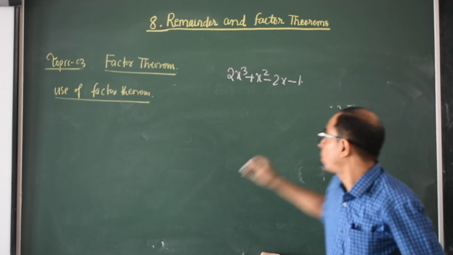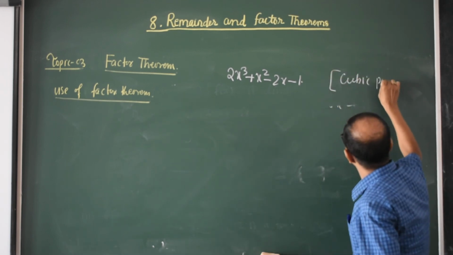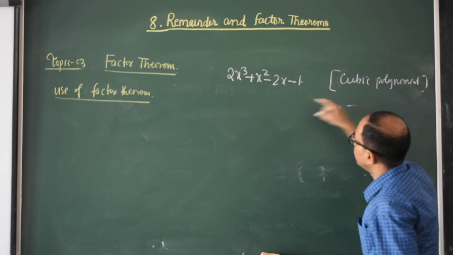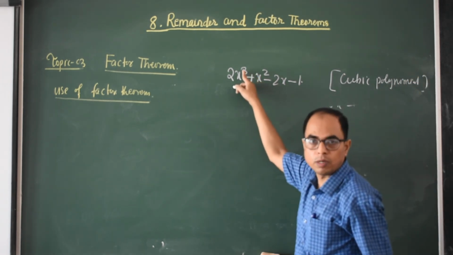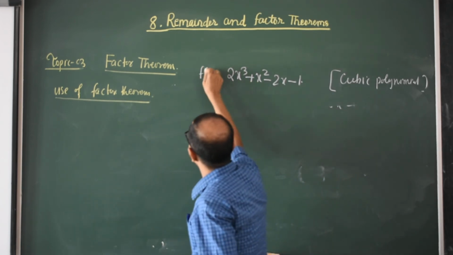Here it is a cubic polynomial. A polynomial with degree 3 is called a cubic polynomial. So we have to factorize this polynomial. Let it be f(x).